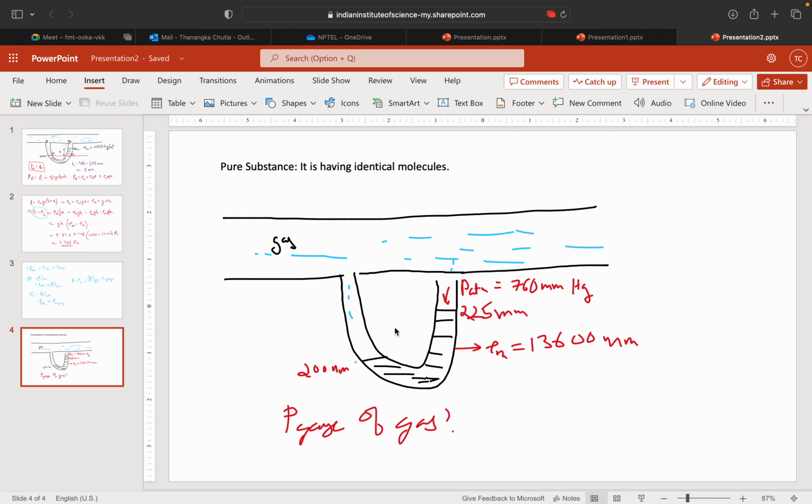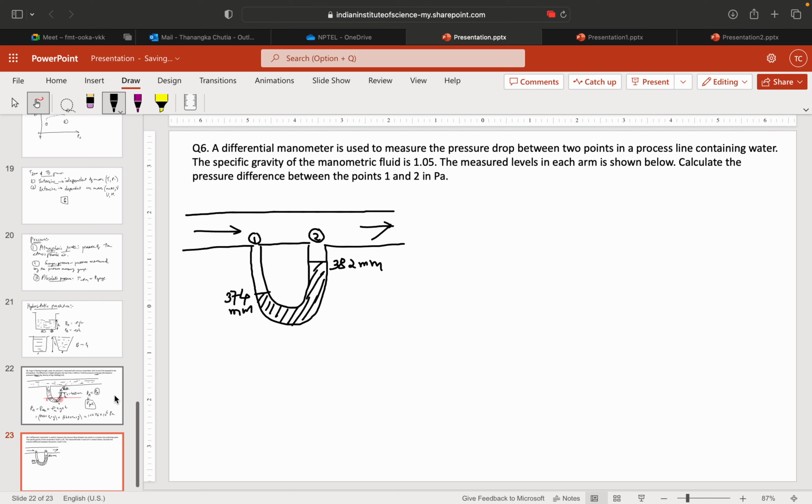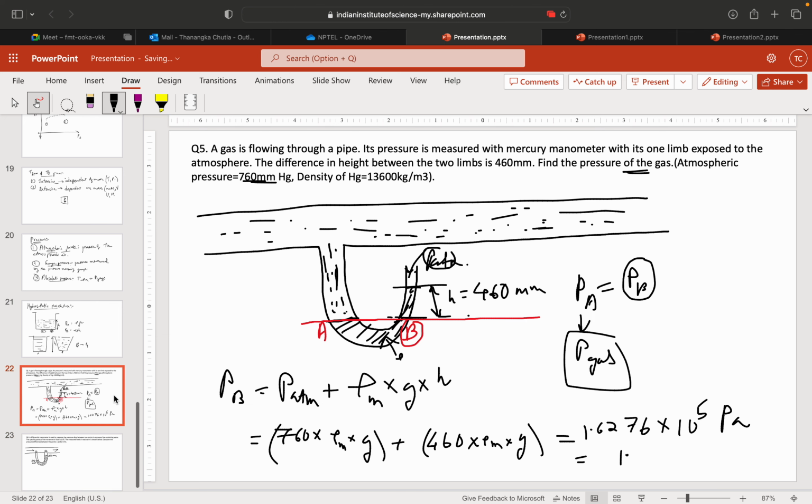Now coming back to this question: the manometric fluid is mercury and its density is provided, and this gas is there. In the previous question the density of the gas was not given to us.